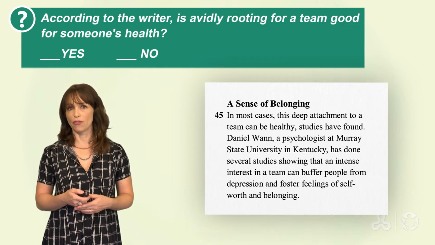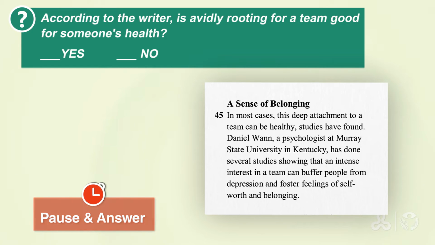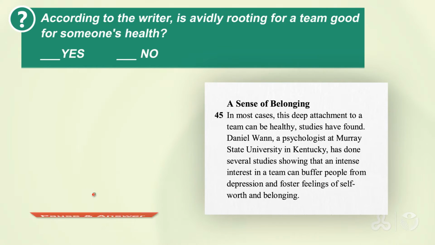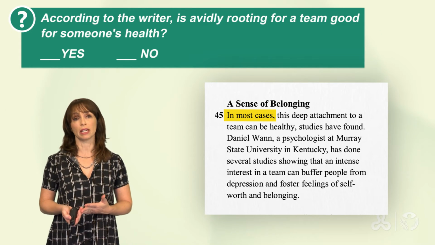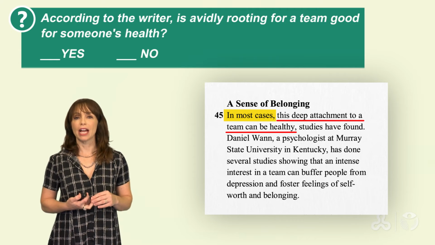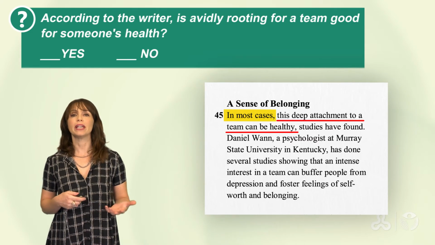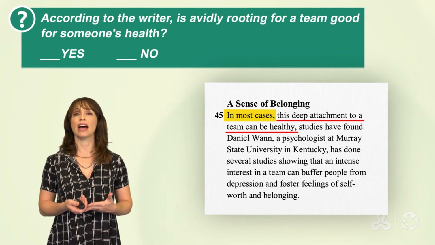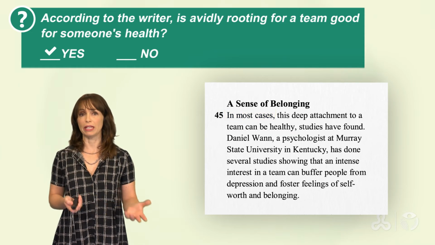So read paragraph 45 and try and answer the question. Already at the beginning of paragraph 45, it says here in most cases, most means almost all of them, this deep attachment to a team can be healthy. So the writers are already summarizing and concluding that actually rooting for a team can be healthy. So the answer, of course, would be yes.